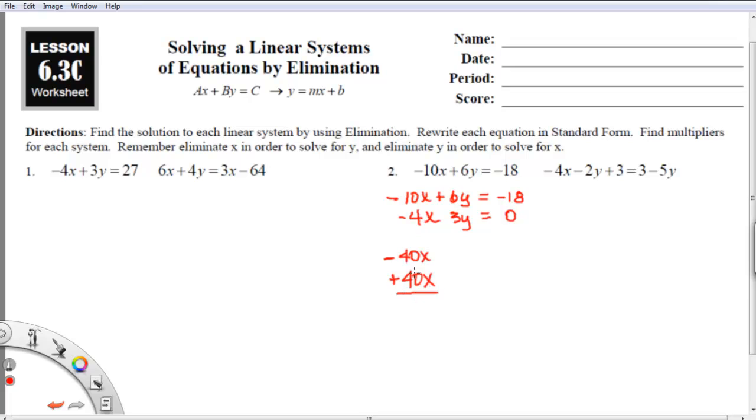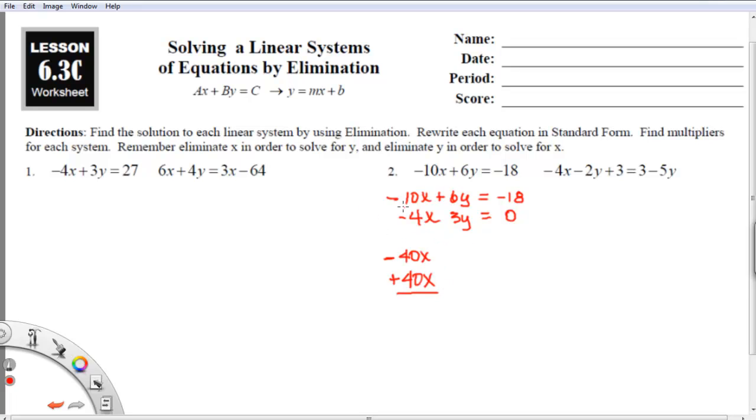The reason is if we add these two together, we get 0x, and that means the x term has gone away, and we're left with an equation that only has a y. When it only has one variable, we're able to solve for that variable. Because if I eliminate the x, I'm able to find the y.